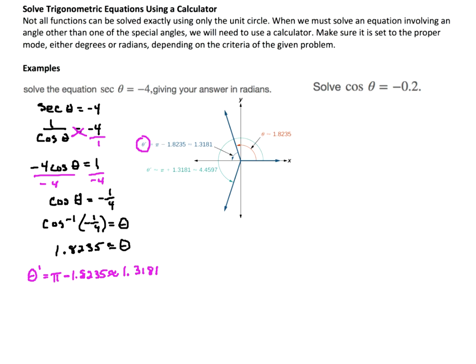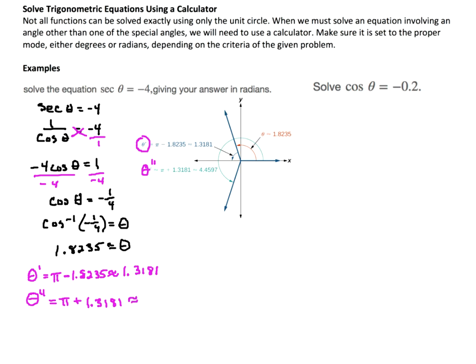And now to find the other solution, I'm going to call that other angle that gives the solution theta prime prime, just to keep everything separate. So theta prime prime is equal to pi plus my reference angle, 1.3181, that puts me at that quadrant 3 angle that starts at the x-axis and goes all the way through to quadrant 3.